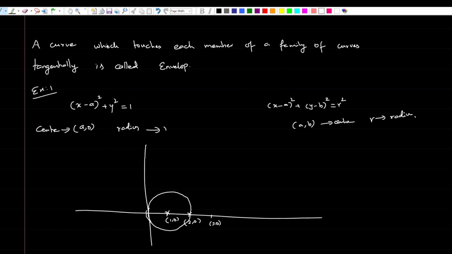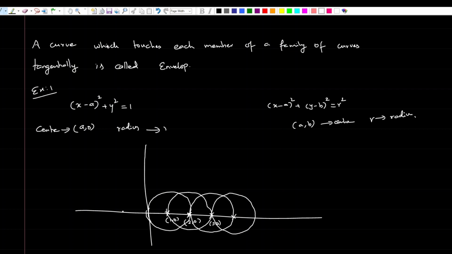Similarly, if you consider this as a center, you will get a circle like this. And if you have this as center, and this as center, you will get circles like this. So similarly, you will get a family of circles, and since the radius is 1, you will get a family of curves like this.